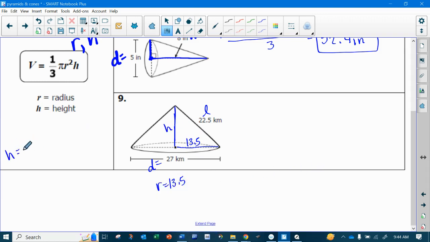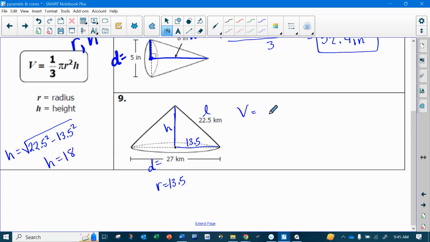The height is the slant height squared minus the radius squared, and then I'm going to take the square root. 22.5 squared minus 13.5 squared. Take the square root. And I'm getting that my height is 18.